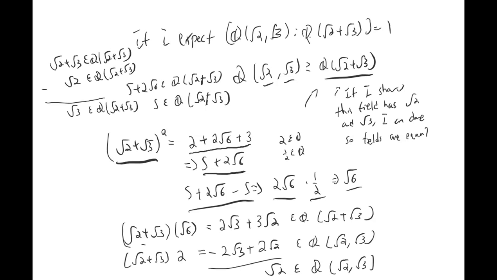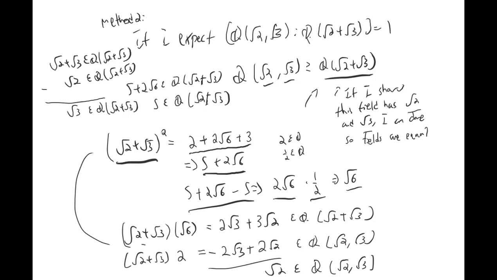Everyone see that? So this is like brute force way to show the fields are equal. You just show from root 2 plus root 3, you can get the elements root 2 and root 3. That's like method 2. Does that make sense? It's just brute force. It's not like a set way, right?